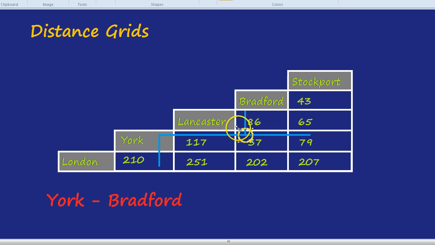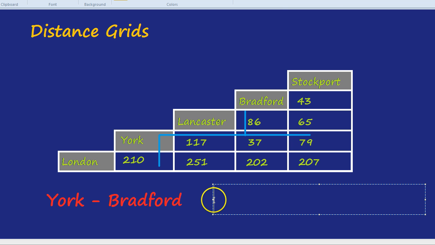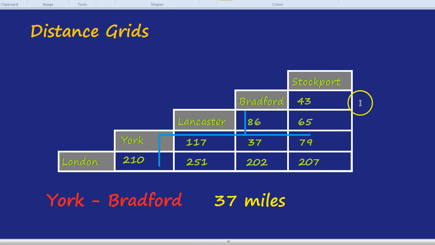That corner is where the number is that you should look at. If you notice, it went across and then up. That corner is inside the box 37. So it's 37 miles from York to Bradford. In this case, the distances are in miles. If you're given a question, they will tell you whether it's miles or kilometers, or whichever other unit.